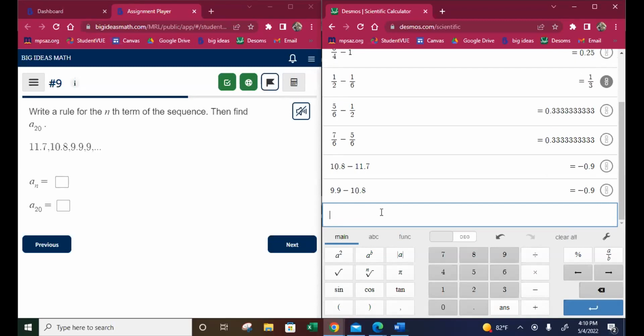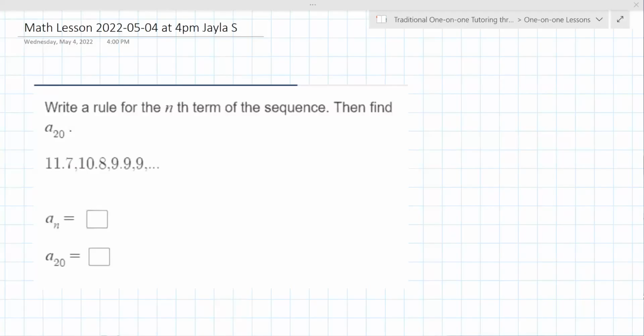Okay, all right, great. So let me share my screen. Whenever you're seeing my screen, you found that the common difference is minus 0.9. Do you agree with that? Yeah.